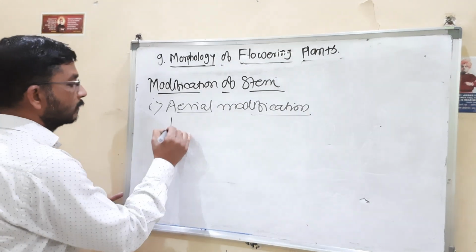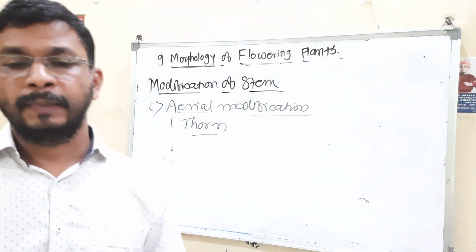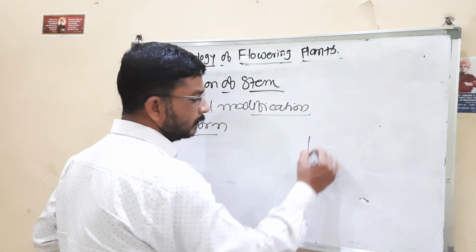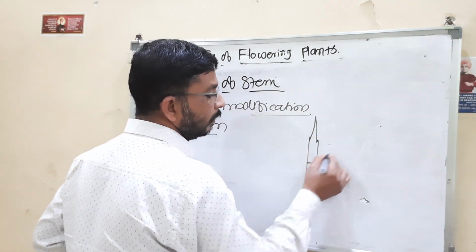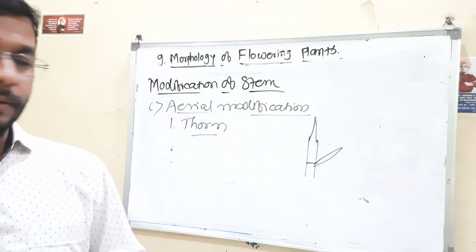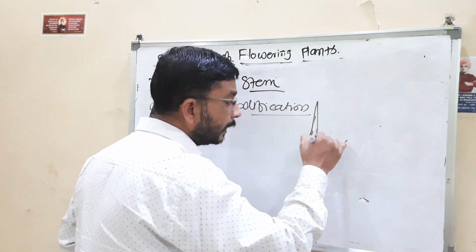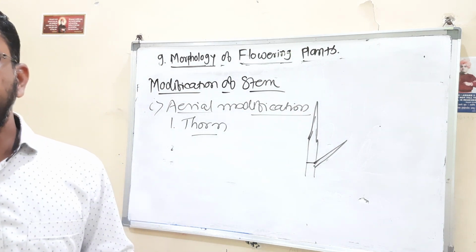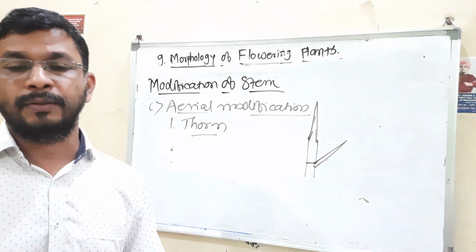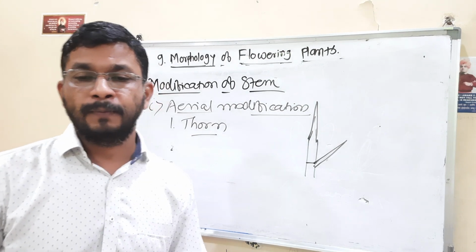Then the first one is thorn. It is modified from an apical bud or axillary bud. Thorns are hard and pointed, mostly straight structures, sometimes curved and useful for climbing also.